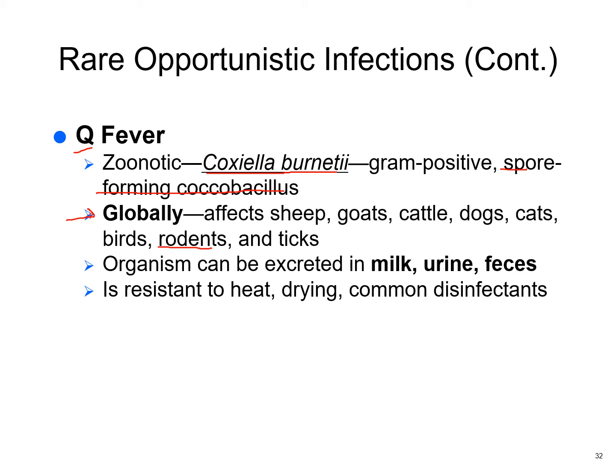It's excreted in milk, urine, and feces. So don't drink unpasteurized milk or poo. It's resistant to heat, drying, and common disinfectant because of this right here, spore forming.